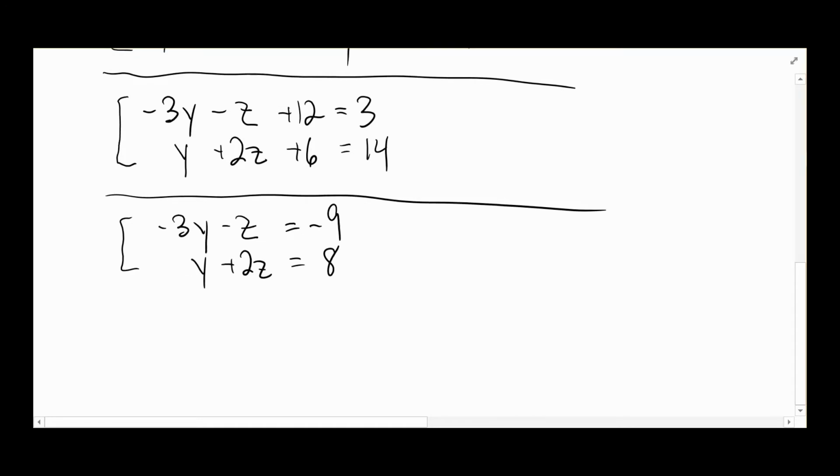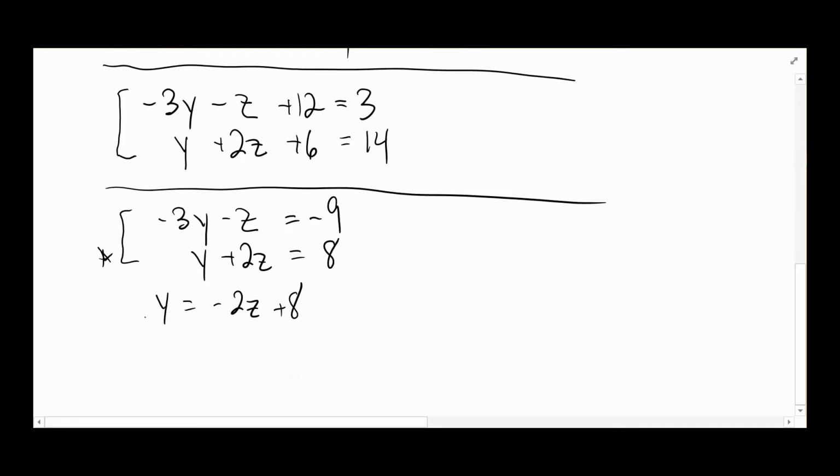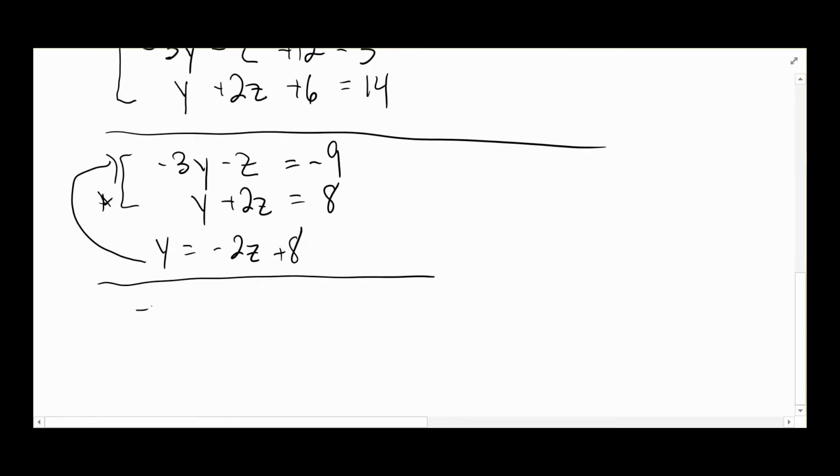So now if we were to continue doing the substitution method, we'd probably solve for y in this one, getting us y equals negative 2z plus 8. We'd plug this back in over here. That's going to get us negative 3 times (negative 2z plus 8) minus z equals negative 9.